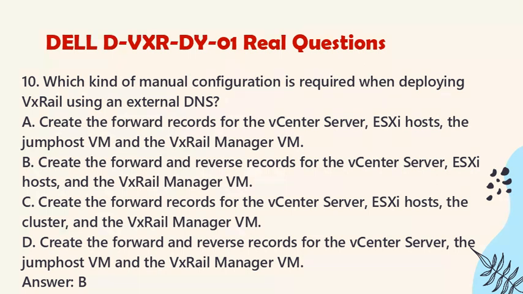C. Create the forward records for the vCenter Server, SC hosts, the cluster, and the VxRail Manager VM. D. Create the forward and reverse records for the vCenter Server, the jump host VM, and the VxRail Manager VM. Answer: B.